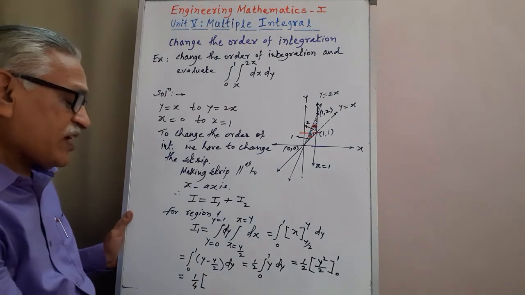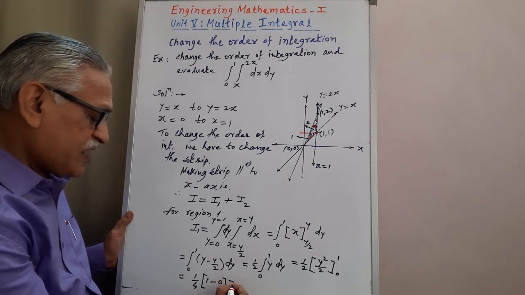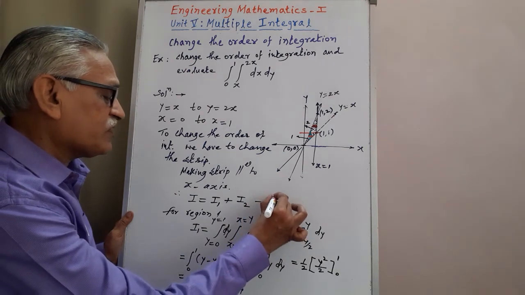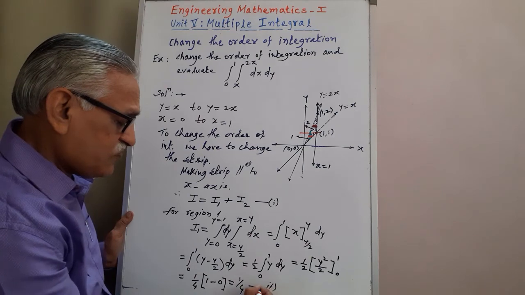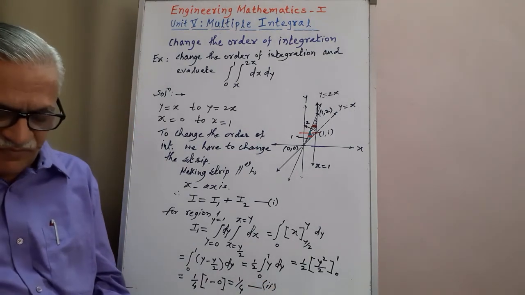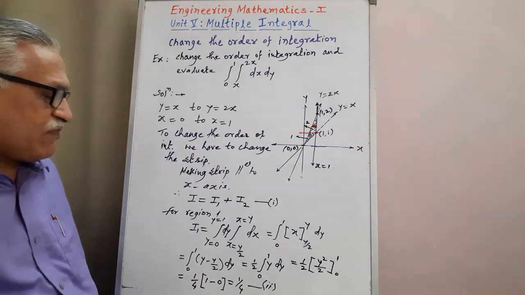Upper limit for y is 1, 1 square is 1, lower limit is 0, and therefore we get that value as 1 by 4. If we call this equation 1, equation 2, the value of I1, the value of the double integration over region 1 is 1 by 4.